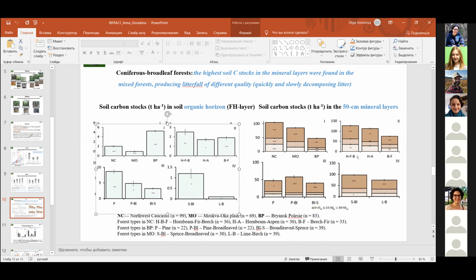For example, in Northwest Caucasus, there are hornbeam fir beech forests with different litter quality. In Bryansk Polessia, pine broadleaf forests, and on Moscow Oka Plain, spruce broadleaf forests.